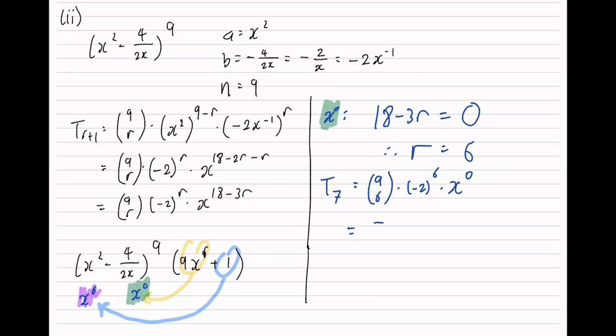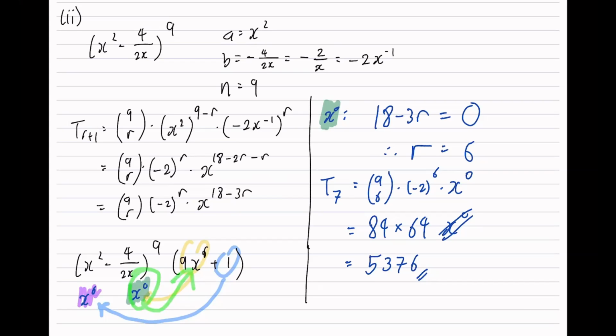Okay, then times. Or you can actually key in the entire thing inside the calculator straight away. But you can do it step by step also. Negative 2 power 6 is 64. Correct. X power 0 means 1. So answer is 5,376. Okay, that is only for the green part.